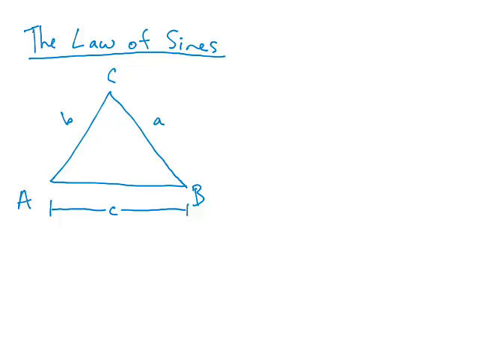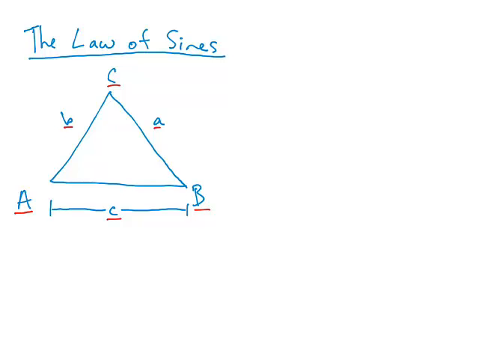So remember, we label the angles with capital letters and we label the sides with lowercase letters, and if you'll notice, side a here is opposite angle A, side b is opposite angle B, and side c is opposite angle C. This will always be the case, and this is how you want to set up your triangle, where the sides and the angles have the same letters, just use the capital letter for the angle and the lowercase letter for the side.